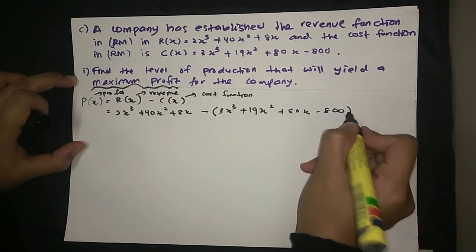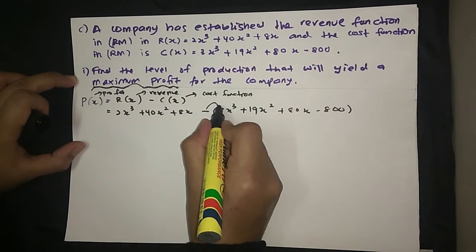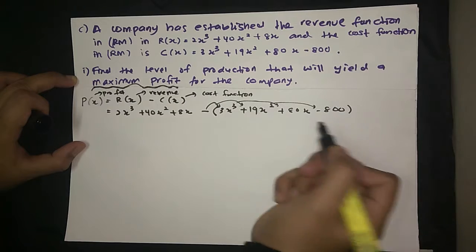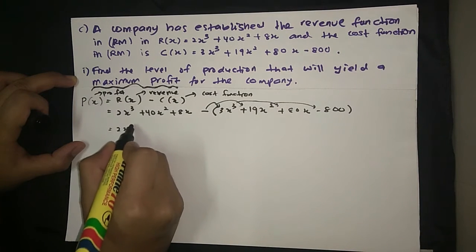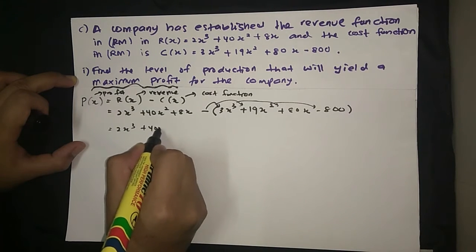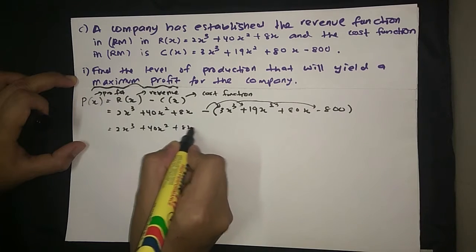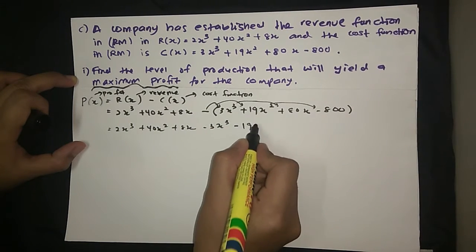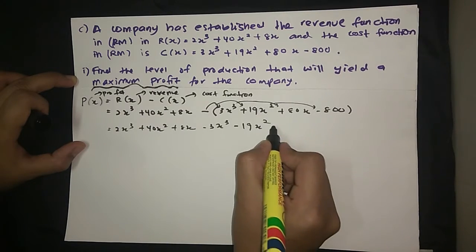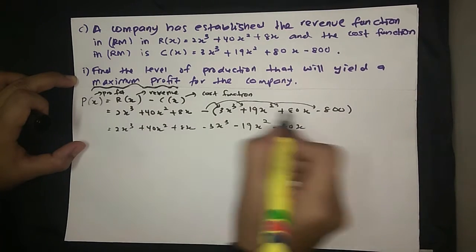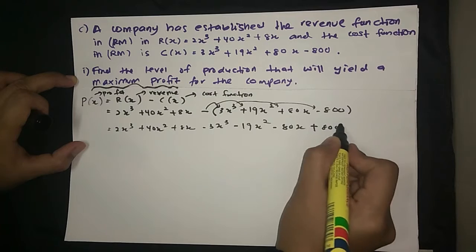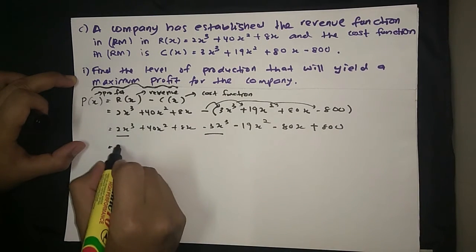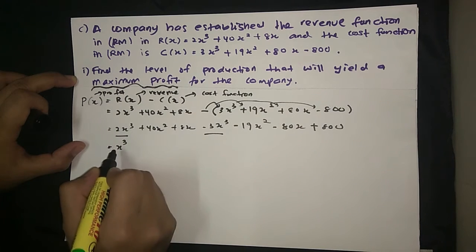Now we multiply the minus with the plus 1. So 2x cubed plus 40x squared plus 8x, then positive becomes negative: 3x cubed, negative 19x squared, negative 18x, and negative becomes positive 800. So 2x cubed minus 3x cubed becomes negative x cubed.